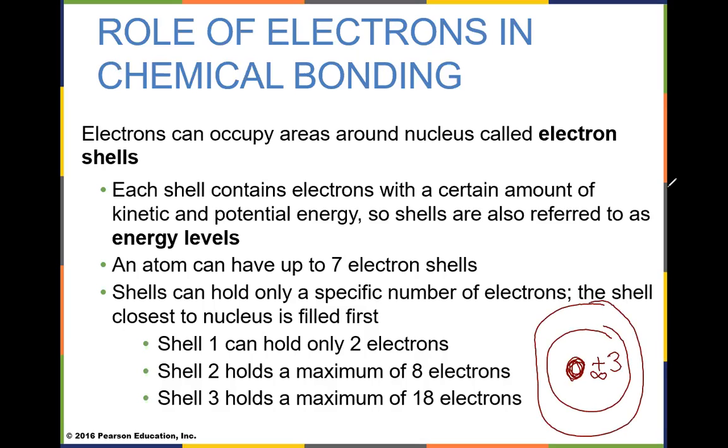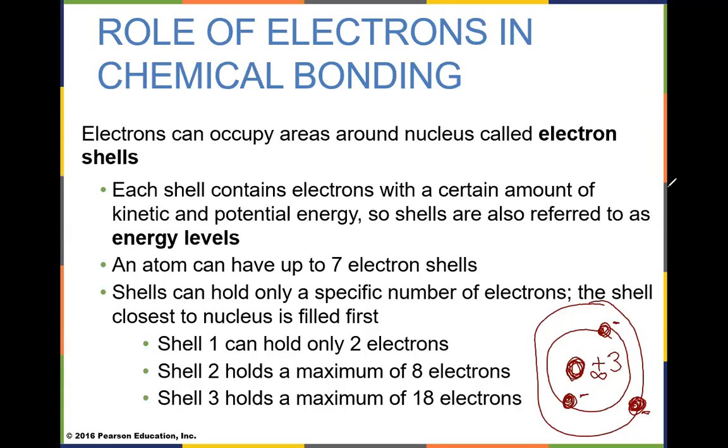Well, it turns out that if you have 3 electrons, your first orbit or shell can only hold no more than 2 electrons. So you have to put the third electron in a second orbit out here, or a second shell. So we have 3 protons and we have 3 electrons. We keep the electrons orbiting around the nucleus.